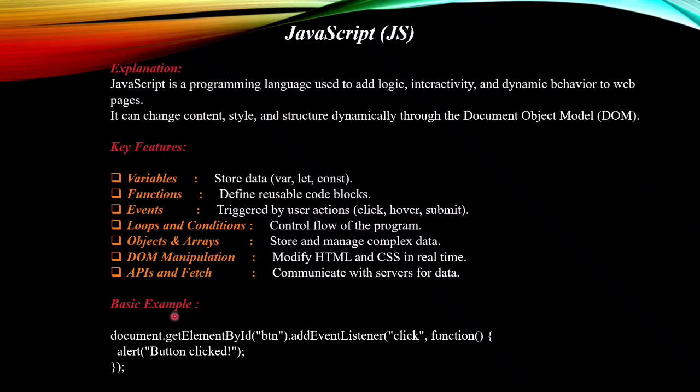The basic example of JavaScript is document.getElementById, button.addEventListener. A click event we have added here. The function is alert, button clicked. When you click the button, the alert message will come as button clicked. This is the simple basic syntax of JavaScript.